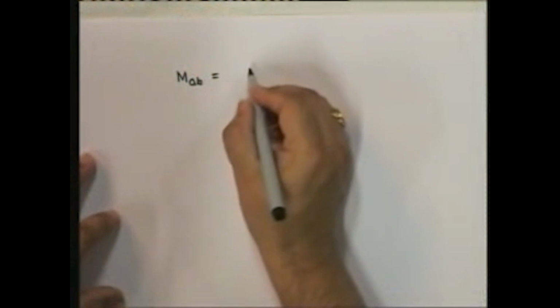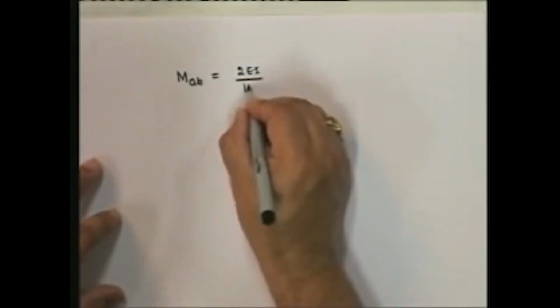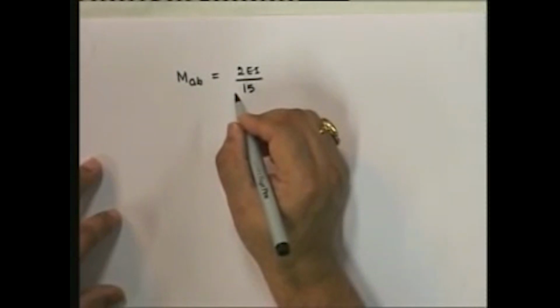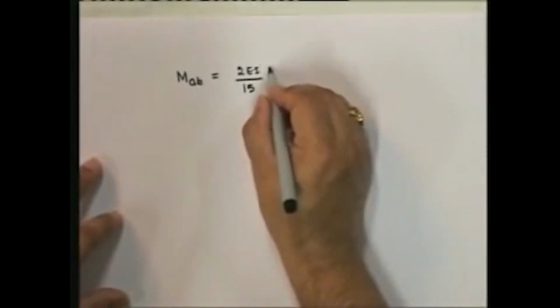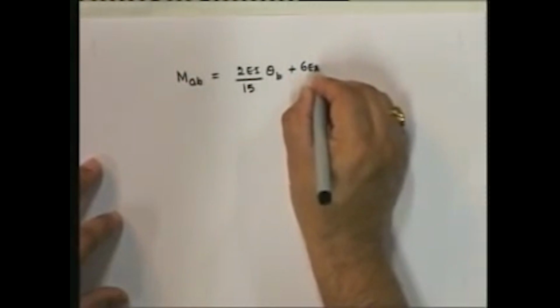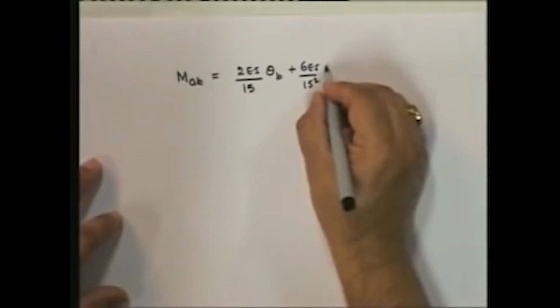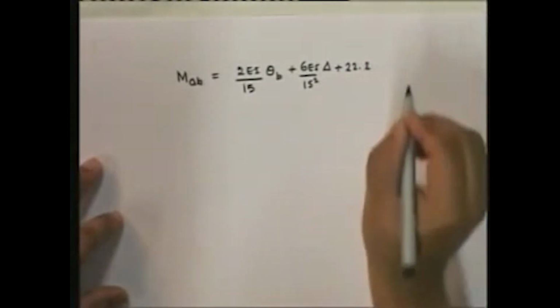What we get is that MAB is going to be equal to 2EI upon 15 multiplied by theta B, and then plus 6EI upon 15 squared into delta, plus 22.2 kilonewton meter.